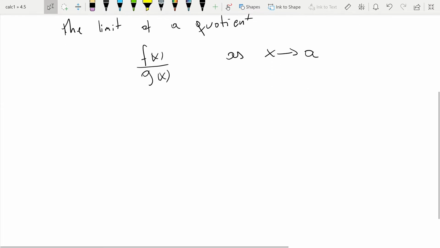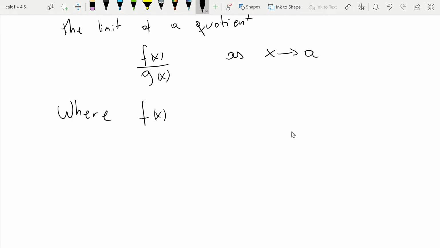Just like in the beginning of the course, f need not be defined in a, neither does g. And in the most basic application, we're in a situation where f of x and g of x both go to zero at the same time when x goes to a.